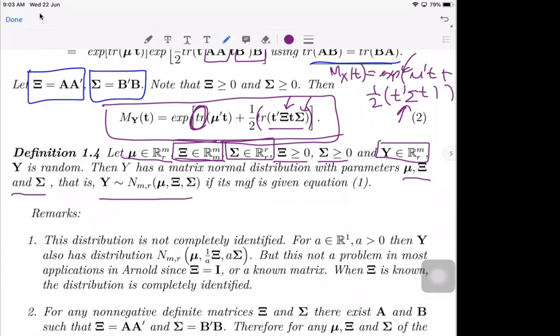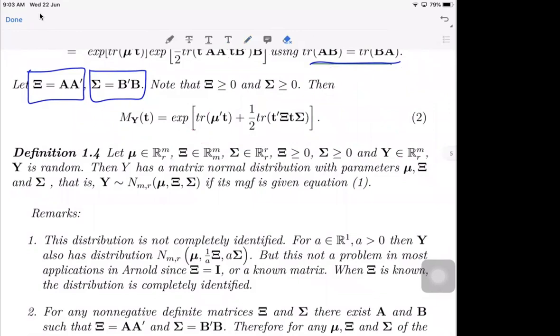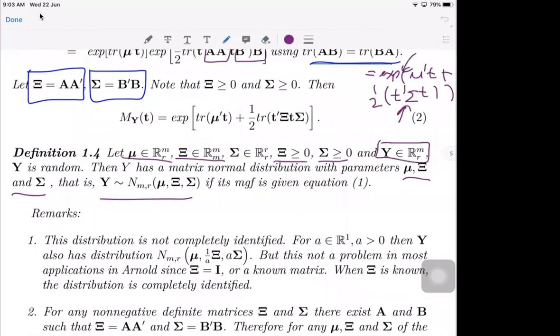So if the moment generating function is given by this, the moment generating function of a random matrix or a random vector is unique, no? So that means you can identify the distribution of a random matrix by its moment generating function.